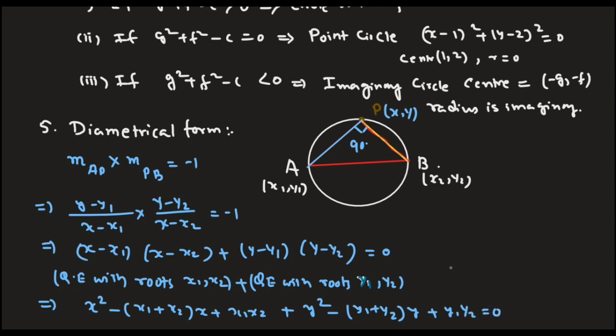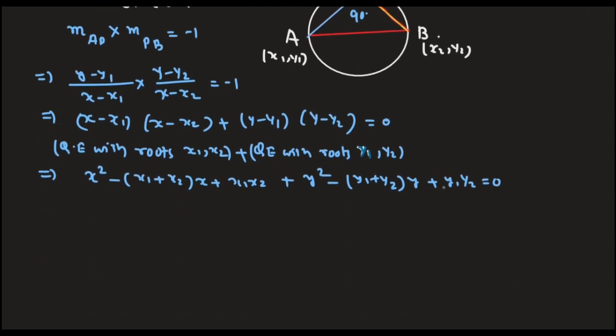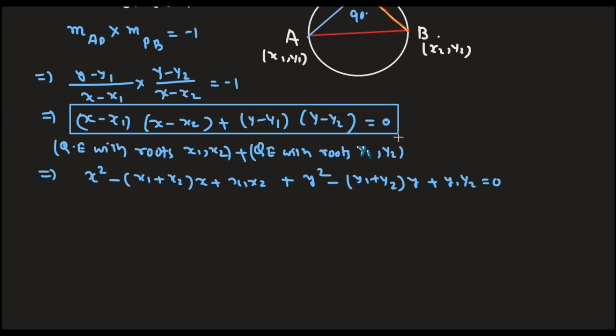So what we know is that it is a quadratic equation with the roots given. So this is the diametrical form, and here we have one more form, this one.